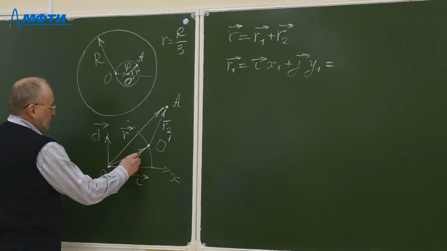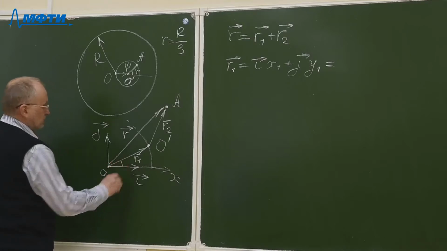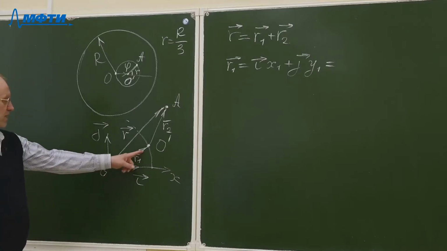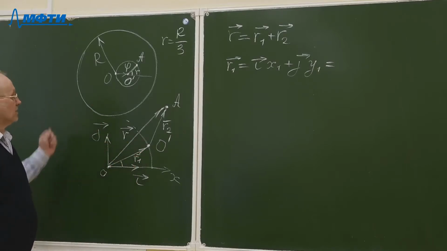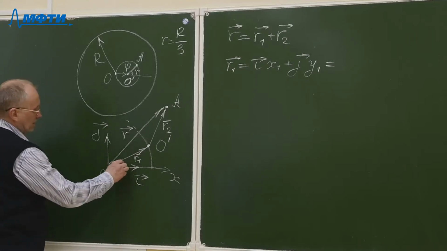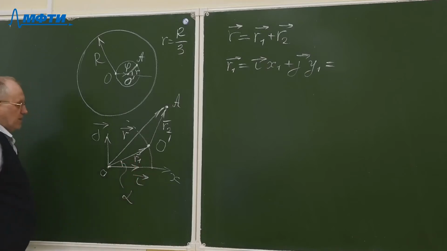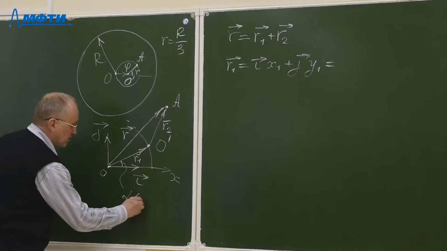But this vector r1, according to the statement of the problem, is not fixed in time. It's moving, it's changing in time, it's rotating, so that this angle, let it be angle alpha, changes in time. It's a function of time.